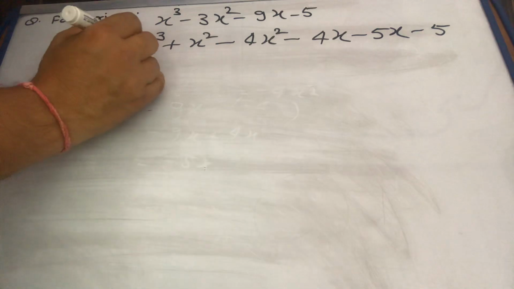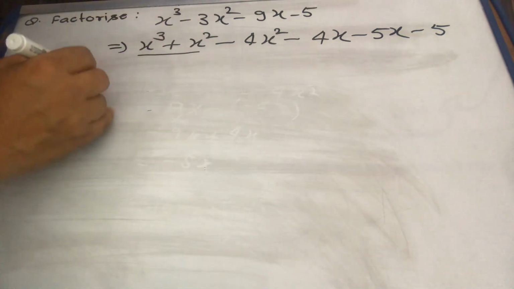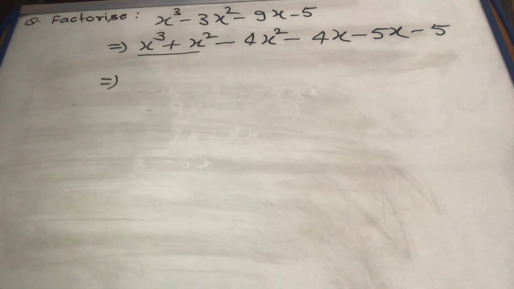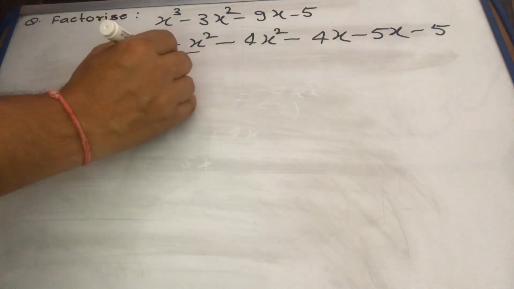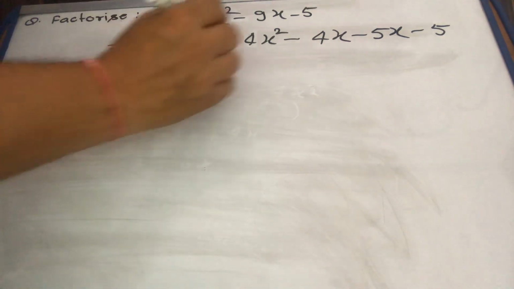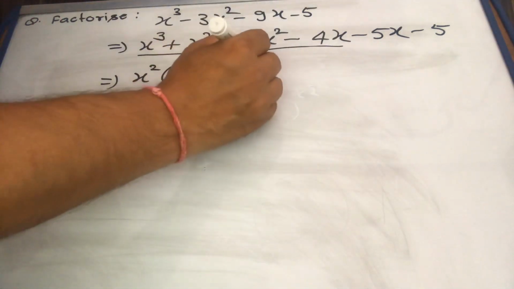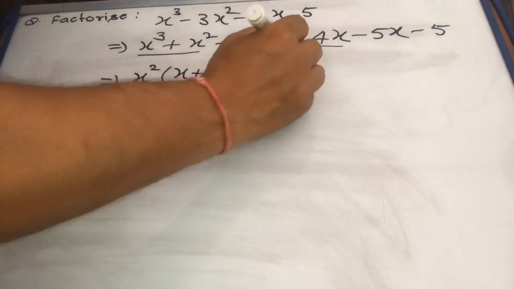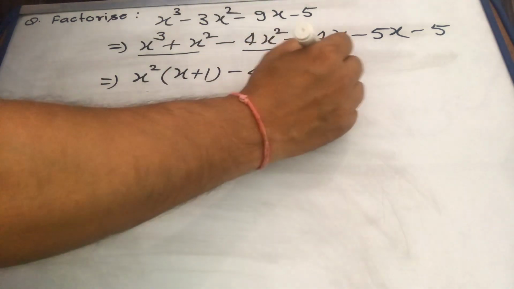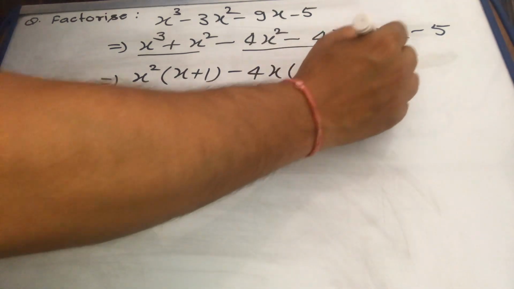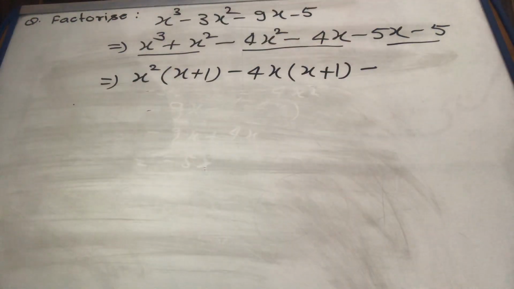Now you observe what is common in the first two terms: only x square. So the remaining thing is x plus 1. The common in the next two terms is minus 4x, so the remaining is x plus 1 once again. And what is common in the last two terms?